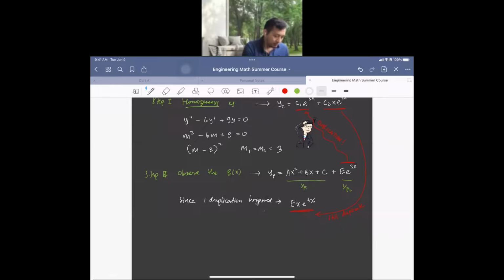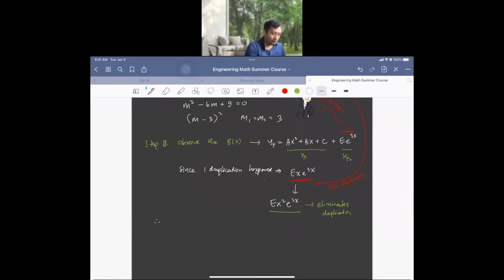So we need to multiply again. So if we multiply with x squared, then finish. No duplications, right? So this eliminates duplications. So we choose this as our e. So that is our yp.